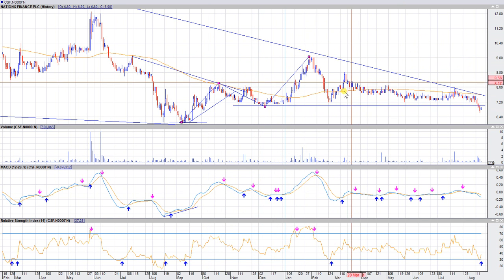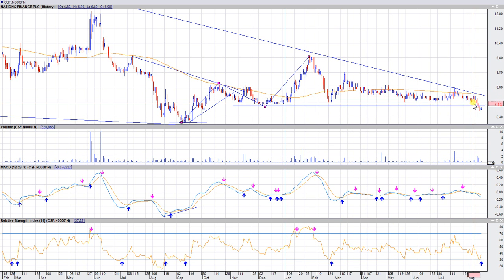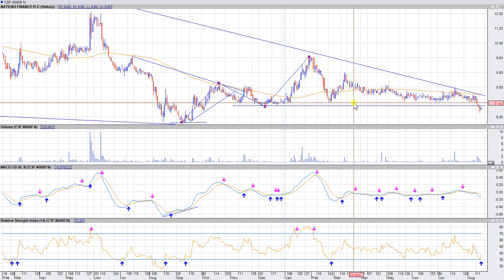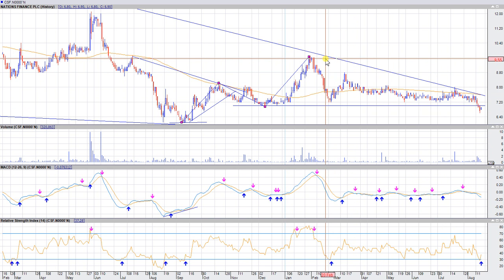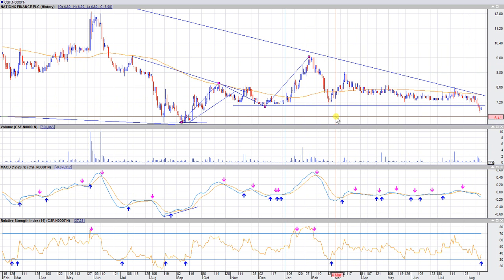Now very interestingly, the support, some can argue even from here, it doesn't matter, 720 support broken convincingly, and we are seeing a breakout. Now how much is this? If we did not have previous supports around 5, I would say 7 rupees to 9 rupees, let's say 2 rupees, I would say around 5.